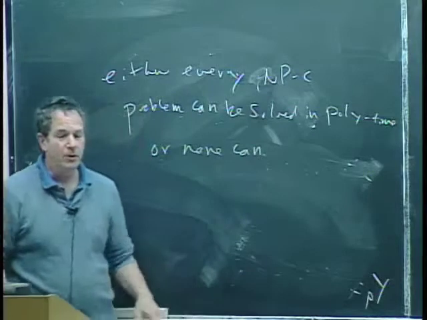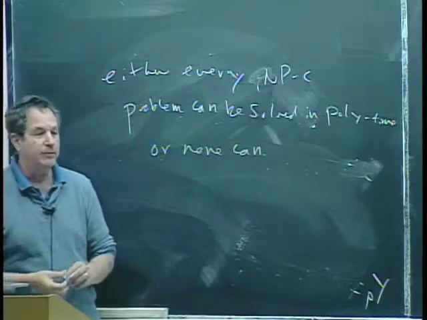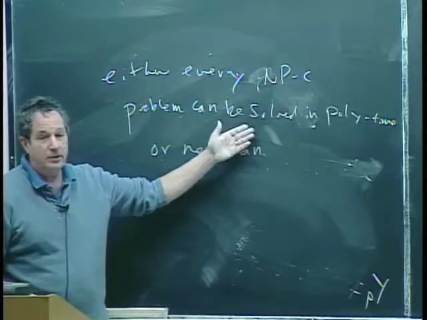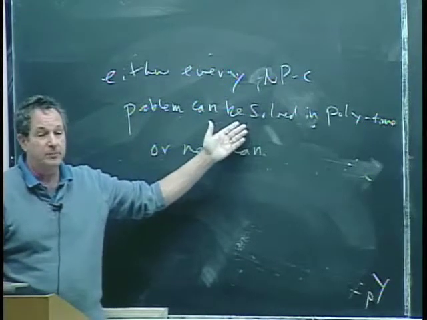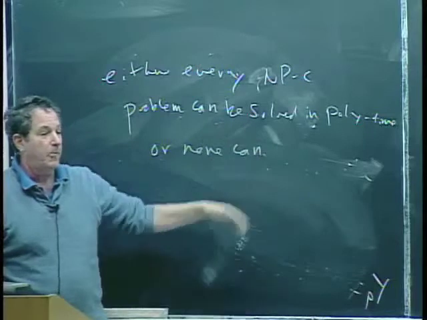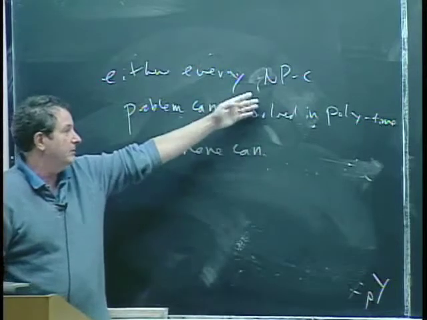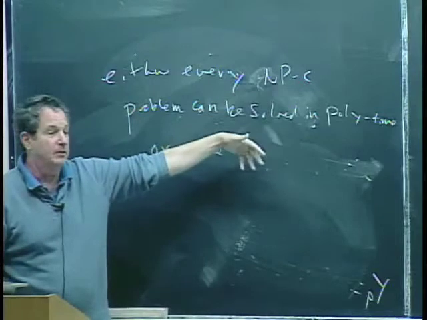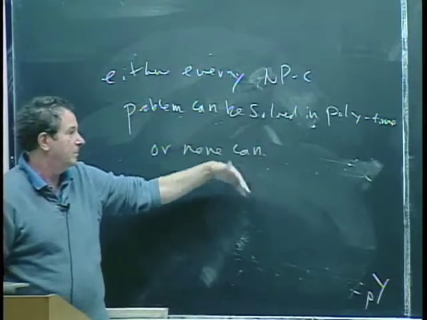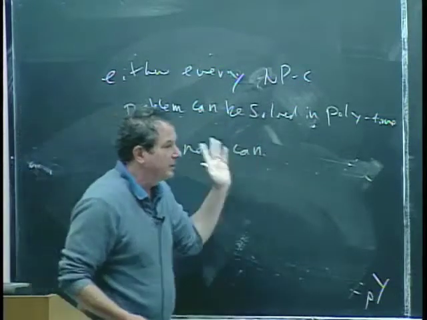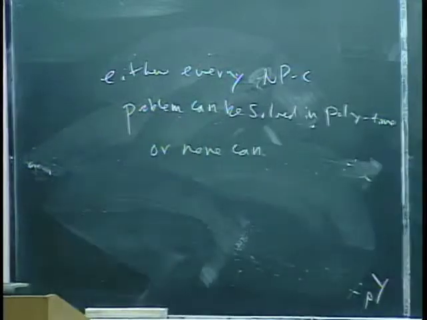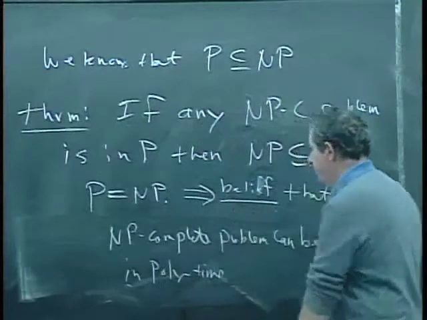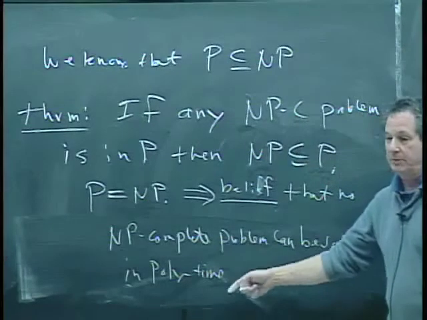And so all of the combined efforts that people have made over the years, even before the theory of NP-completeness, to try to give a polynomial time algorithm for some NP-complete problem, and their failure to do so provides the evidence, scientific evidence, not mathematical evidence, that fuels the belief that no NP-complete problem can be solved in polynomial time.